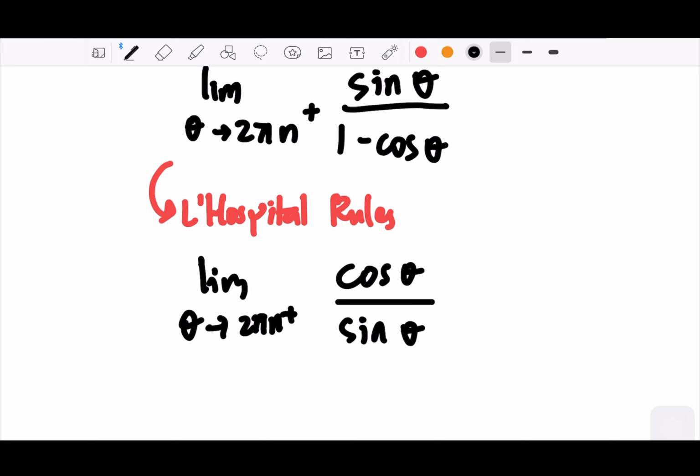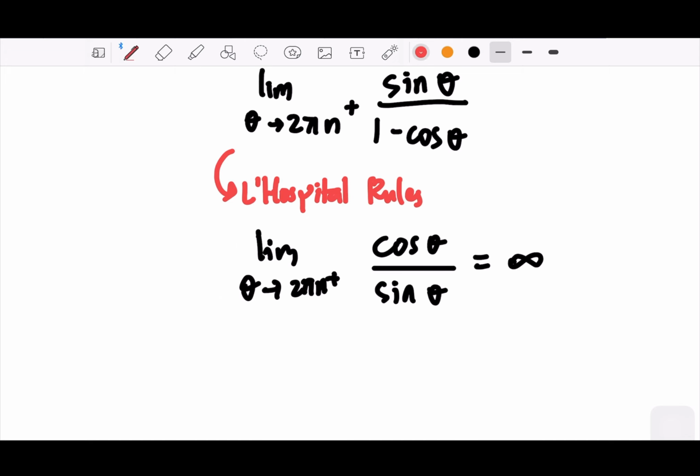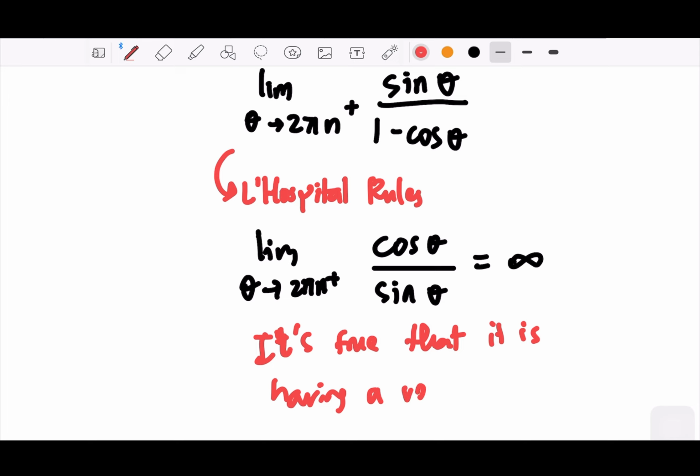This n can be any multiple of the cycle length. So it's true that it has vertical tangents.